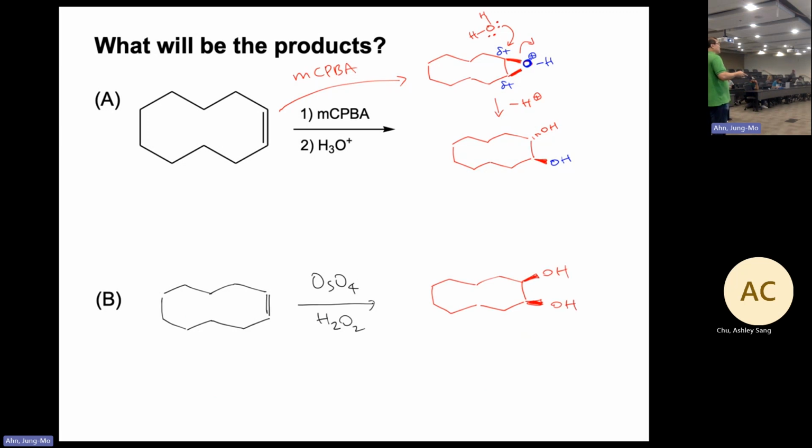So you get different geometry. That is something you also want to pay attention to. Since a cis diol cannot be made by the epoxide, it has to come from these reagents, osmium tetroxide or permanganate in cold, dilute conditions.